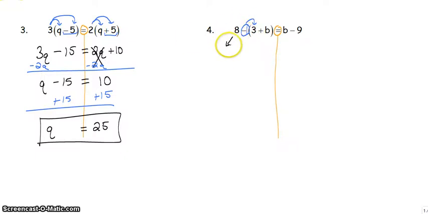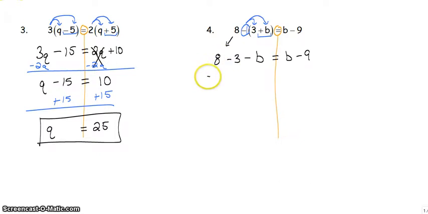So the 8 I don't distribute, I bring that 8 down. And then I do a negative 1 times positive 3 and get a negative 3. I do negative 1 times positive b and I get negative b, or minus b, equals b minus 9.